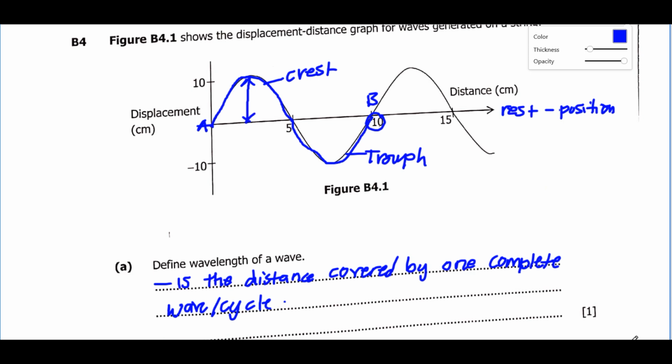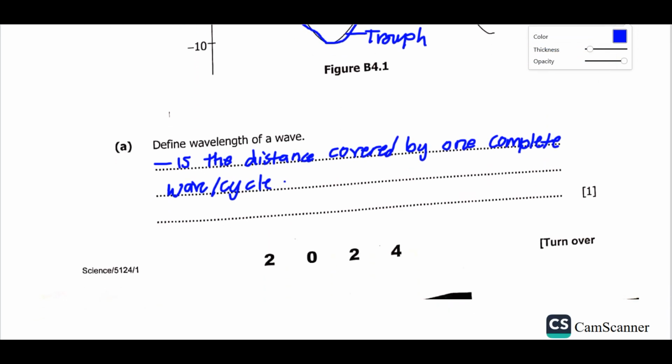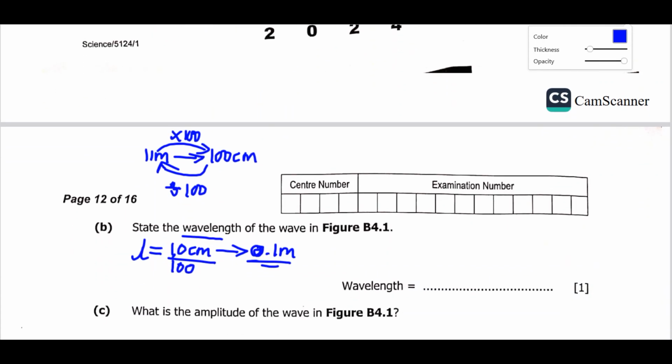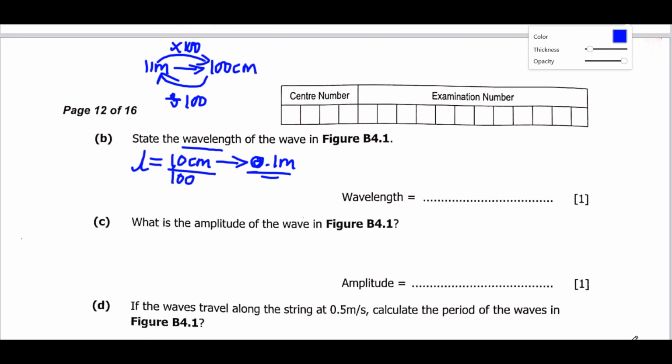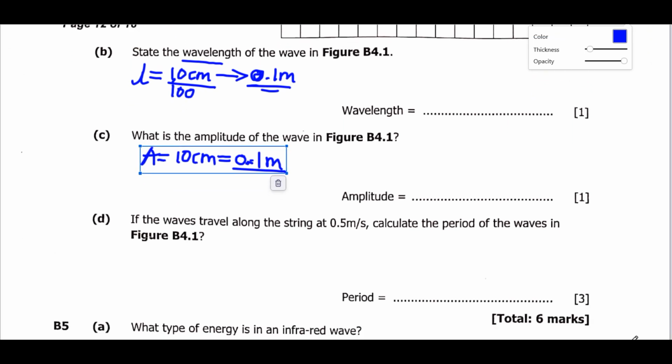To find the answer, we need to go to the y-axis. As we can see, we are getting a 10. So the amplitude is equal to 10 centimeters. But the correct unit should be meter. So we say 0.1 meter.